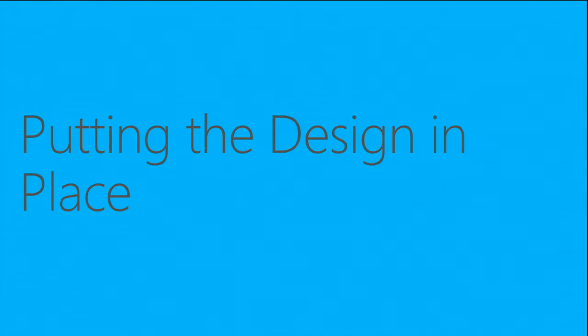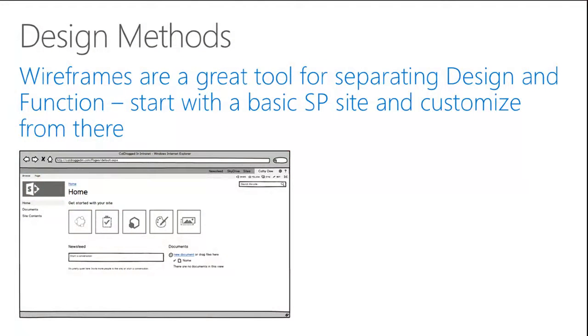This is the biggest piece of this puzzle, actually doing the design. So moving into that, I always start out with wireframes. Wireframes are the way to separate content from functionality. If I'm working with you, I want to talk about what we're putting in place, how the navigation is going to work, where it's going to live, how it is going to function, separated from the colors and images.